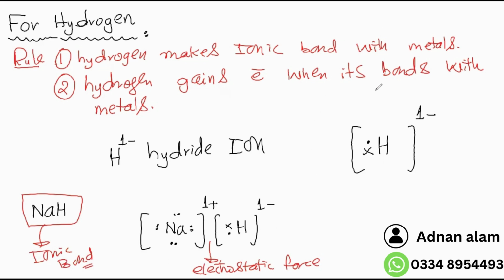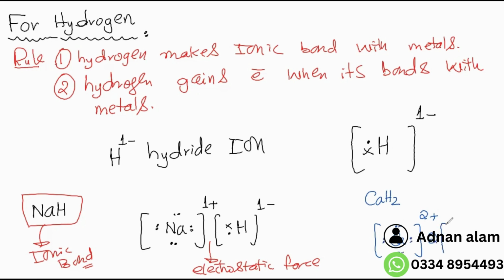This is the concept that hydrogen makes a negative ion, the hydride ion, when it combines with metals, so hydrogen will gain electrons. Let's say if you are asked to make the dot and cross diagram of calcium hydride. So you know calcium has 2 electrons in its valence shell, so calcium will lose 2 electrons to make a dipositive ion. So this is the inner shell of calcium then.